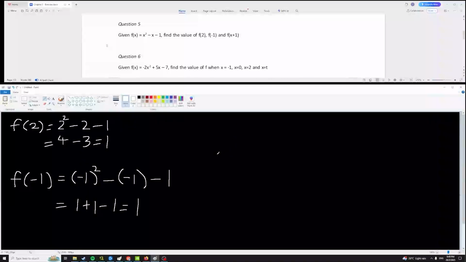Next one is if f is x plus 1. Okay, so for this one, x plus 1 to the power 2.